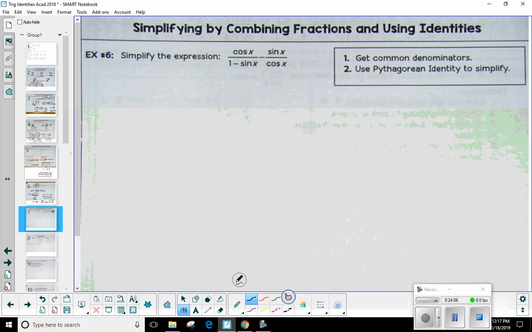Okay. So cosine of x over 1 minus sine of x over cosine of x. We could, I think that might make it more complicated. Yeah, I think so. If you're given two fractions like this, probably a really good idea is to try and simplify it into one fraction.